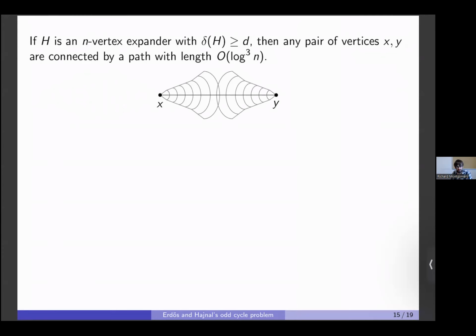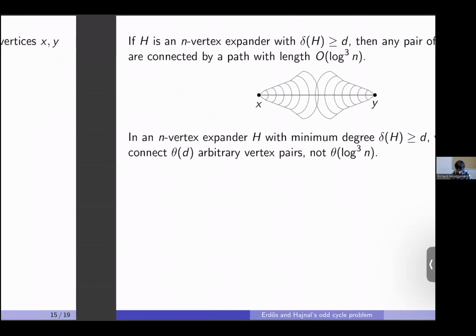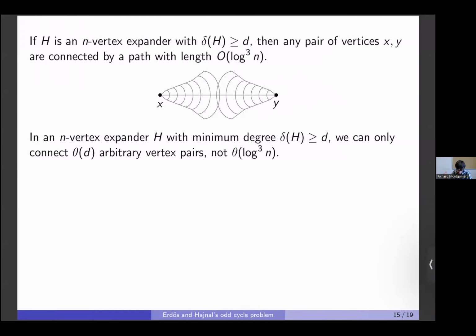In a nicer world, these neighborhoods would double in size, and these paths would have length log n, but because of the 1 over log squared term, we might have to go out log squared times before we double in size. Okay. But we're still managing to do what we want, but just for 2 vertices, and we want to be able to do this lots of times.